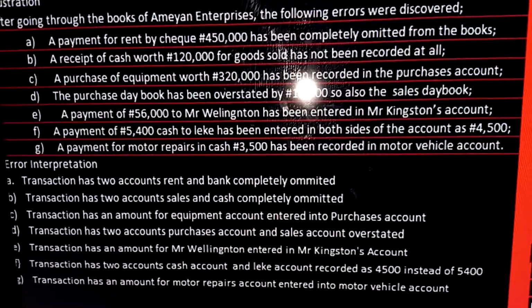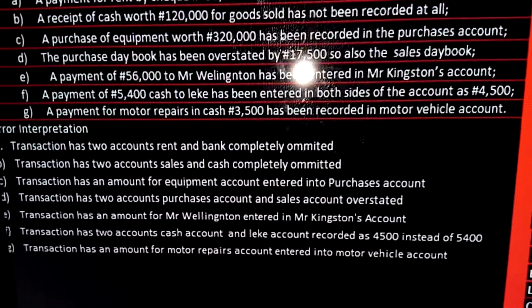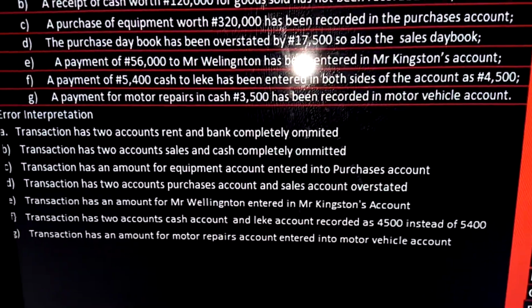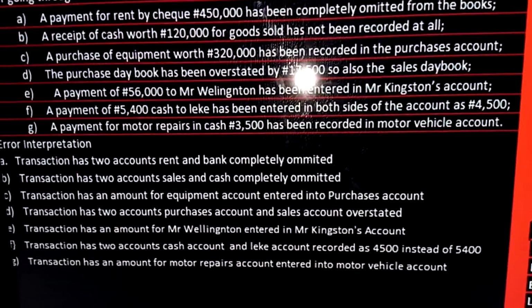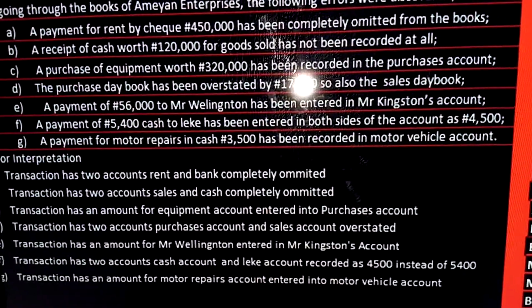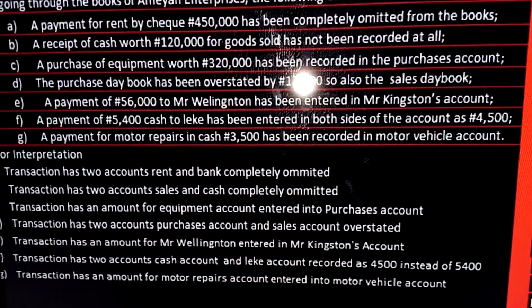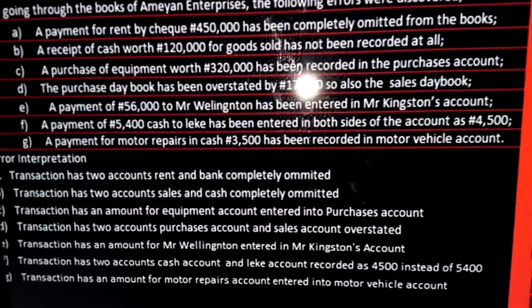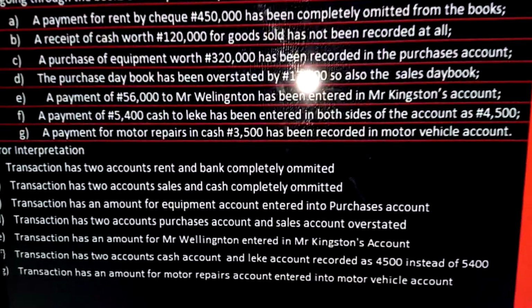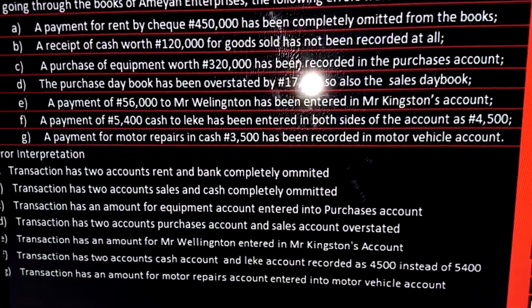So the error entry was a debit into motor vehicle instead of a debit into motor repairs. For us to take it out of motor vehicle, we credit motor vehicle so we can debit motor repairs.